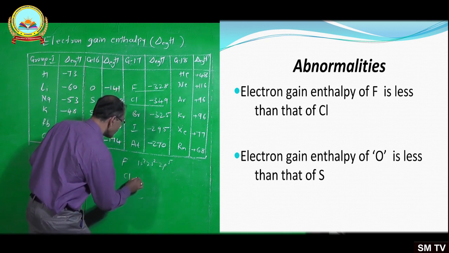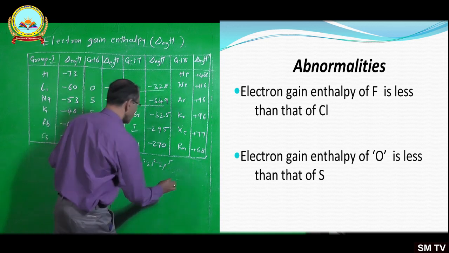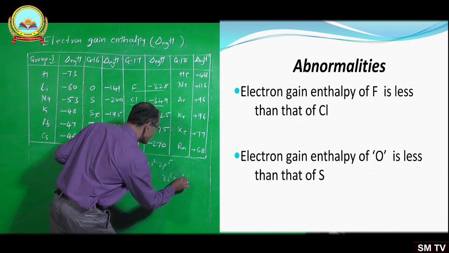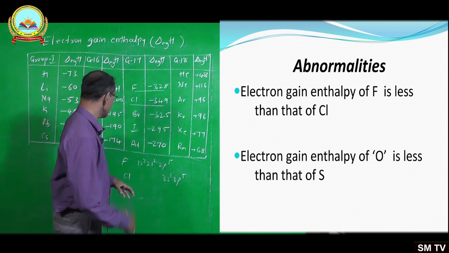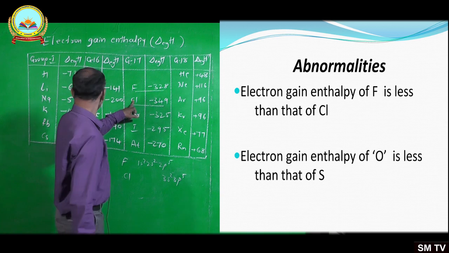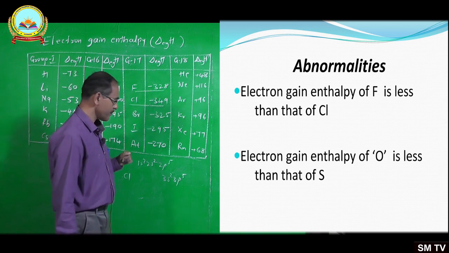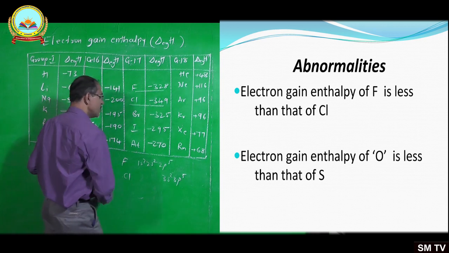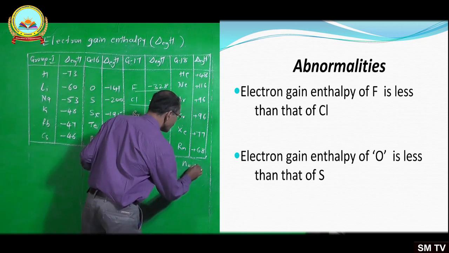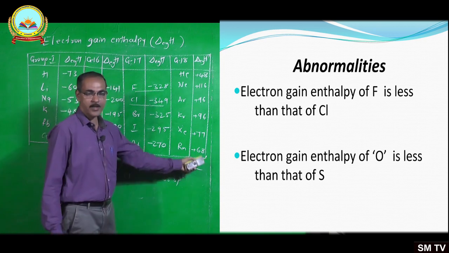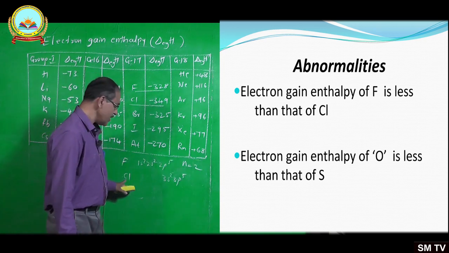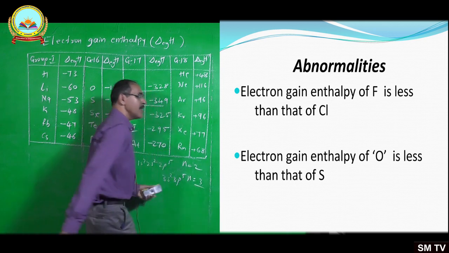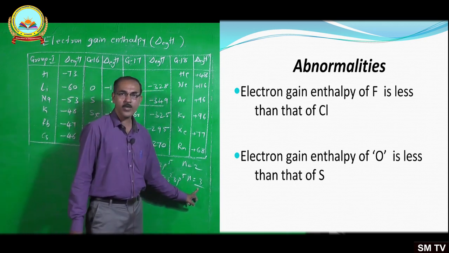In case of chlorine, the outer electronic configuration is 3s2, 3p5. The added electron in fluorine goes to the n equal to 2 level, the second quantum level. In case of chlorine, it goes to the n equal to 3 level, the third quantum level.